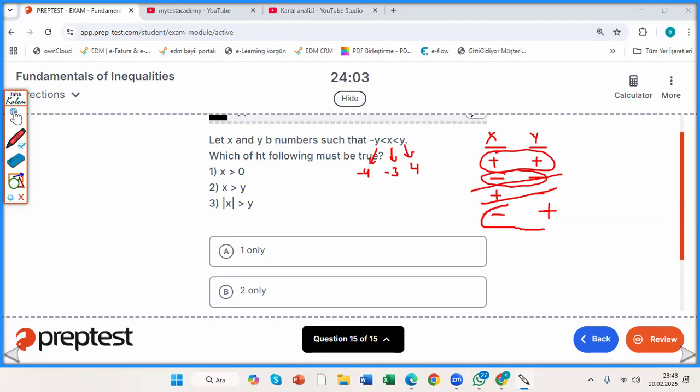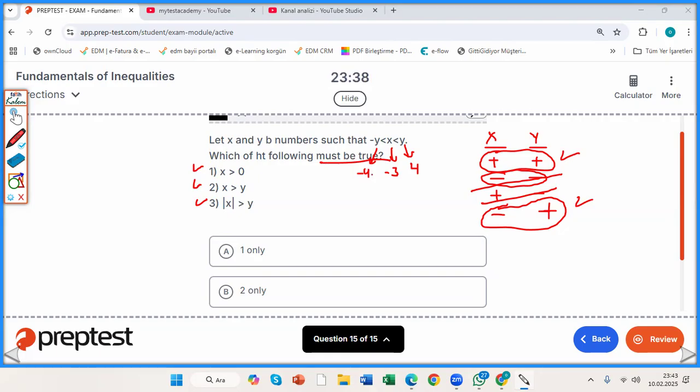Right now we are going to check those two options for that statement. But be careful. The question says it must be true, so it means that it is always going to be positive. Let's check it.